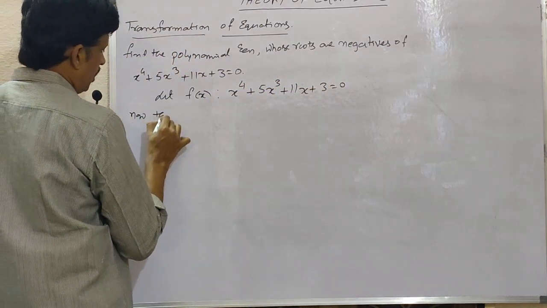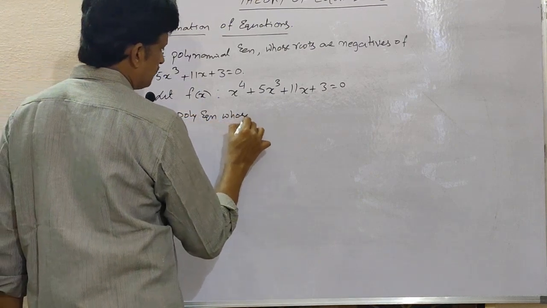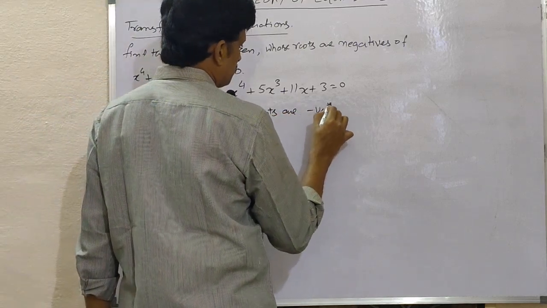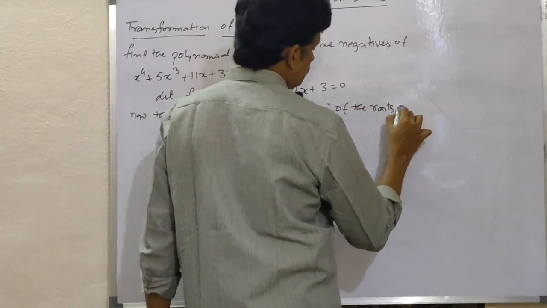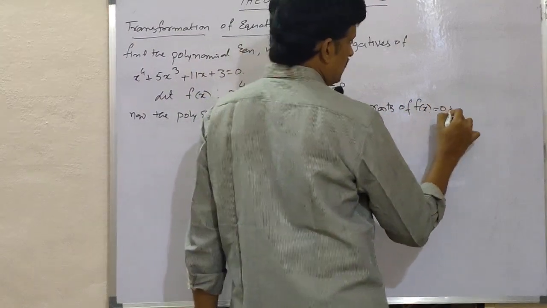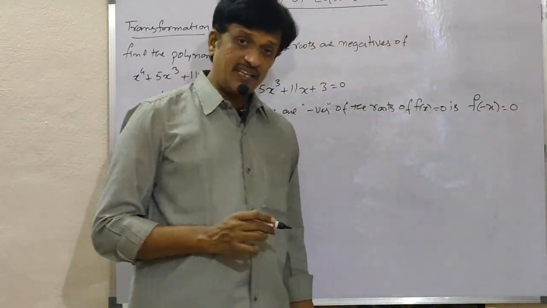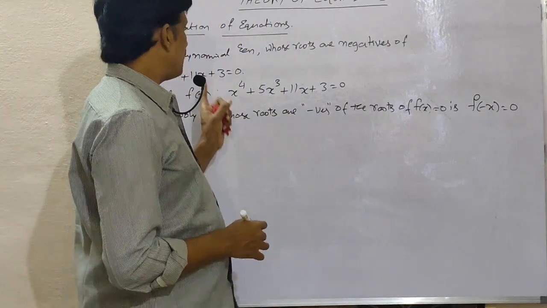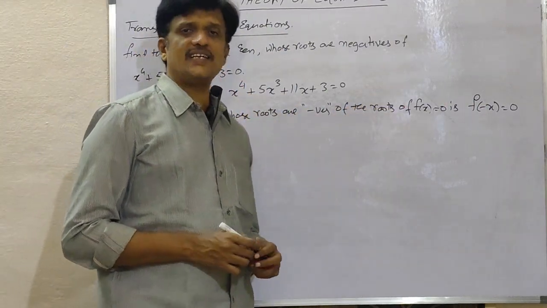Now the polynomial equation whose roots are negatives of the roots of f of x equal to 0 is f of minus x equal to 0. Each root is negative of the roots of the given one. So roots are negatives means required equation is f of minus x equal to 0.